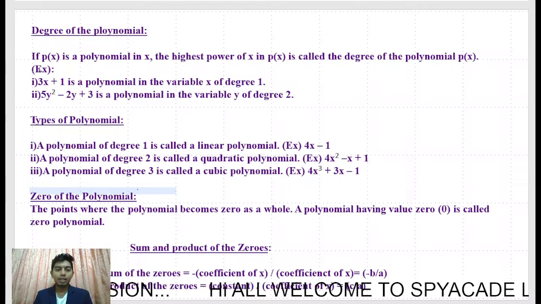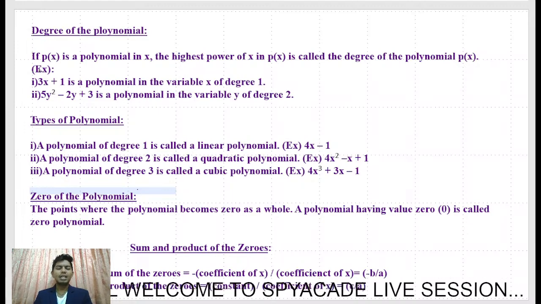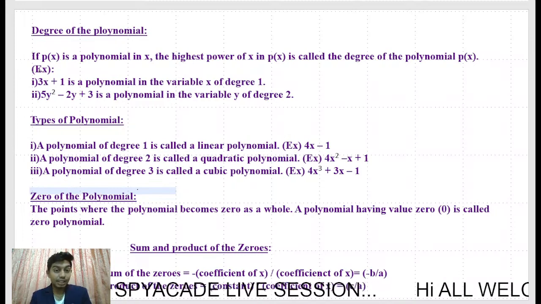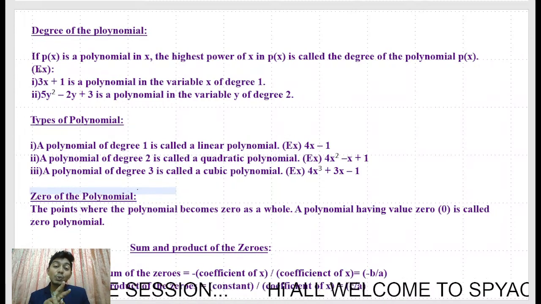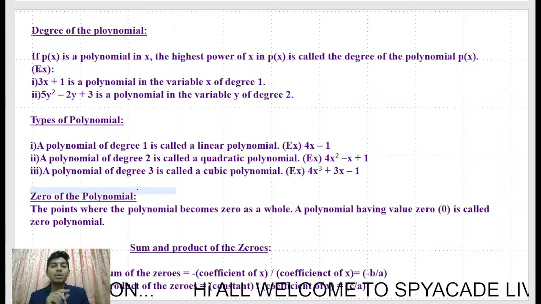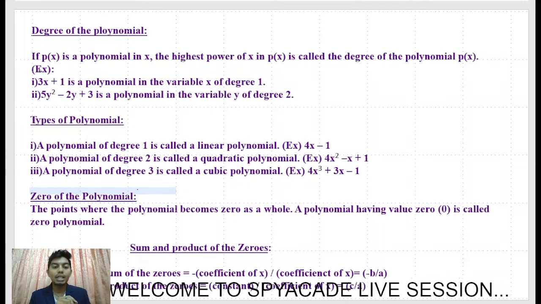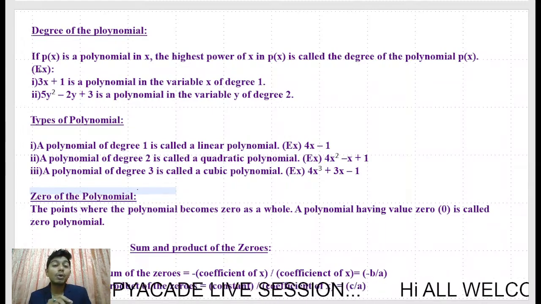Then the third one, types of polynomials. Here I have given some polynomials. There are two different types, or categories, of polynomials. One is based on its power, and the other is based on its number of terms.